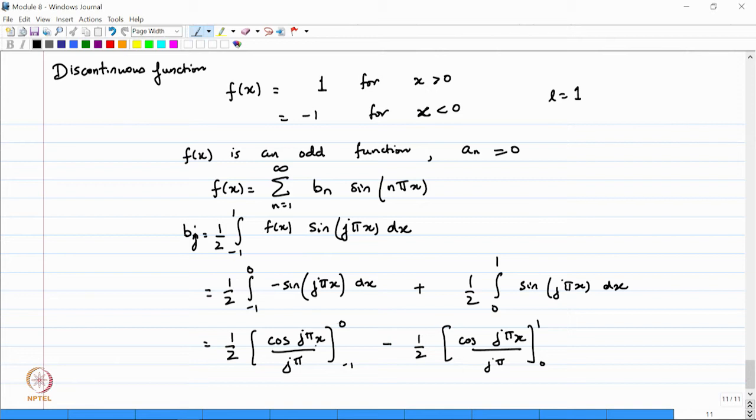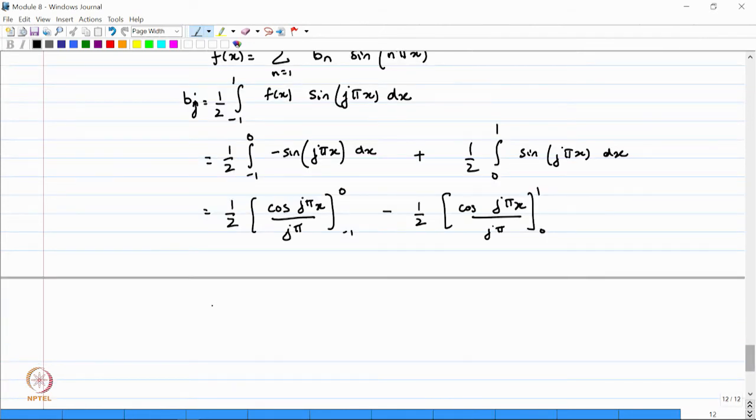when x equal to 0, cosine of 0 is 1. Let me take the 1 by 2 j pi outside. So I will get cosine of 0 minus, now I have cosine of j pi into minus 1, cosine of minus j pi, which is nothing but cosine of j pi.